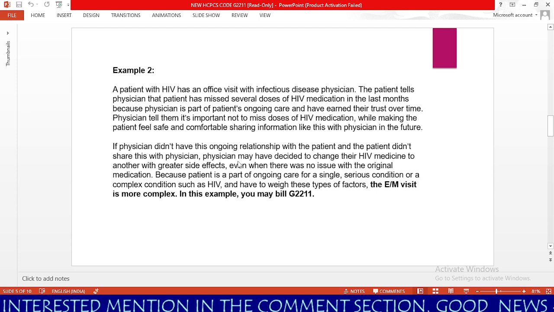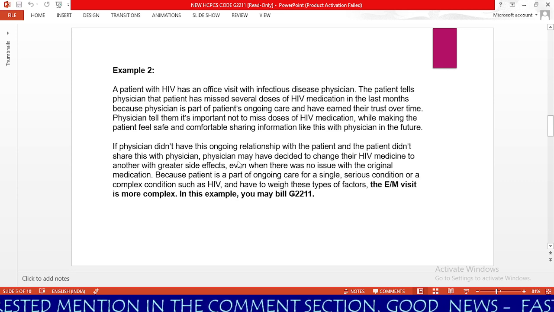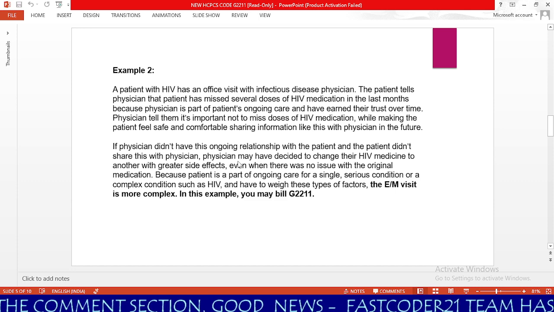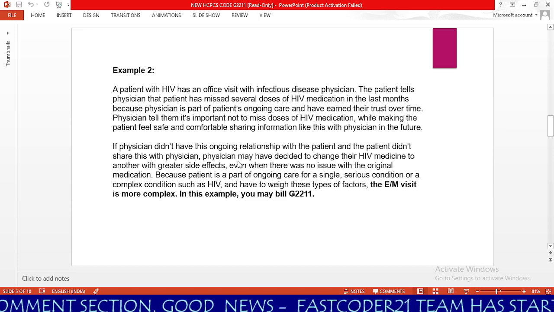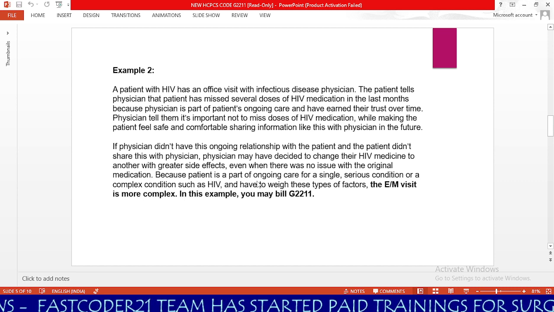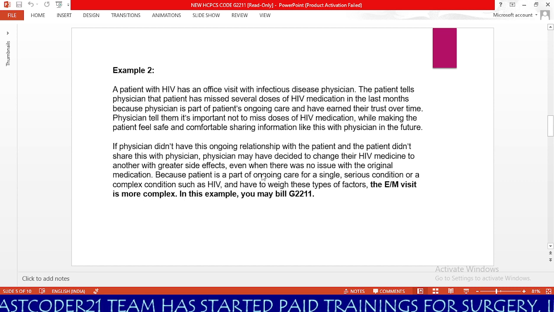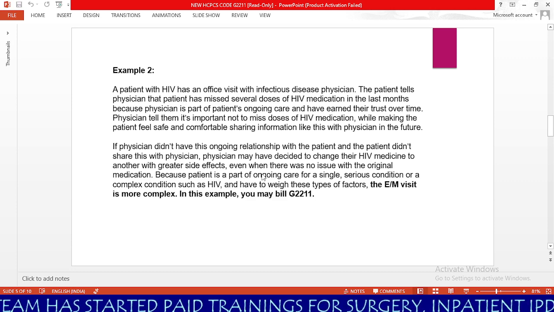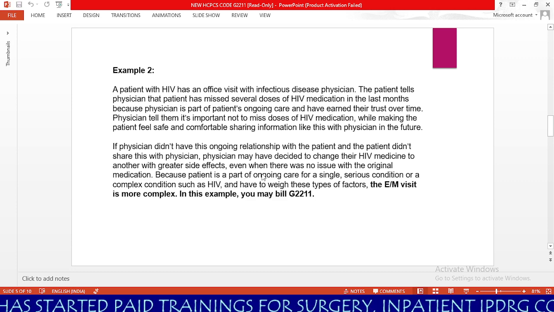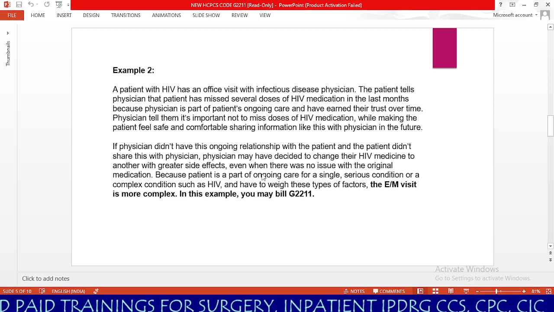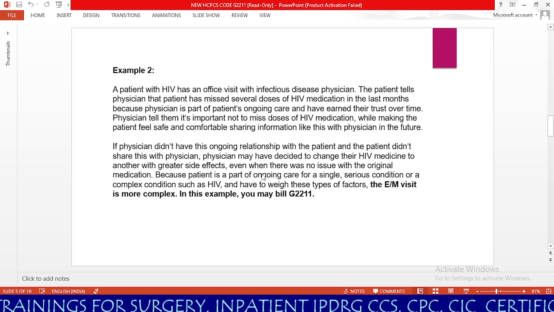If the physician were not a regular provider for the patient, the patient would not tell about the missed medications. If the physician is not providing ongoing care, he will not tell the physician about the missed doses, so that the physician will change the prescription for the HIV medications.